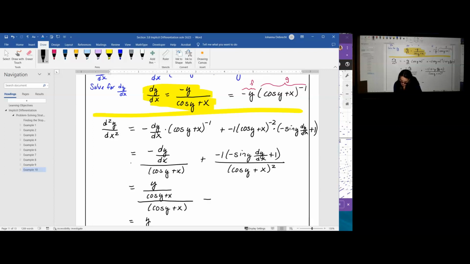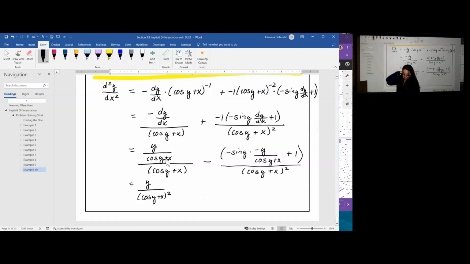And I'm going to then multiply the negative sine of y times the expression for the first derivative. Then we add 1. All of this is divided by the cosine of y plus x to the second.